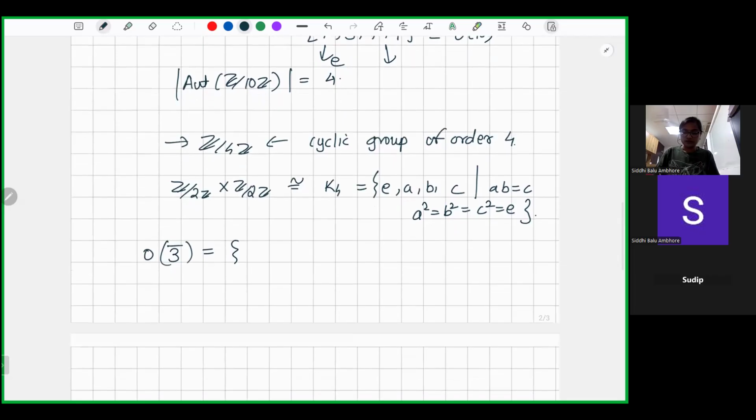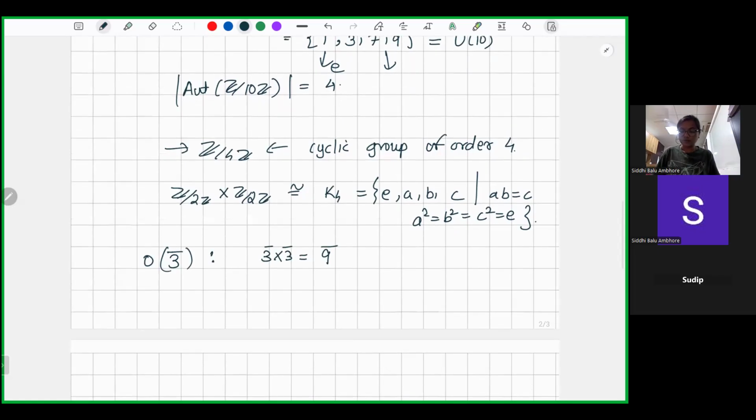So 3 into 3 is 9 bar, so the order of 3 is definitely not 2, because 9 bar is not equal to 1 bar.